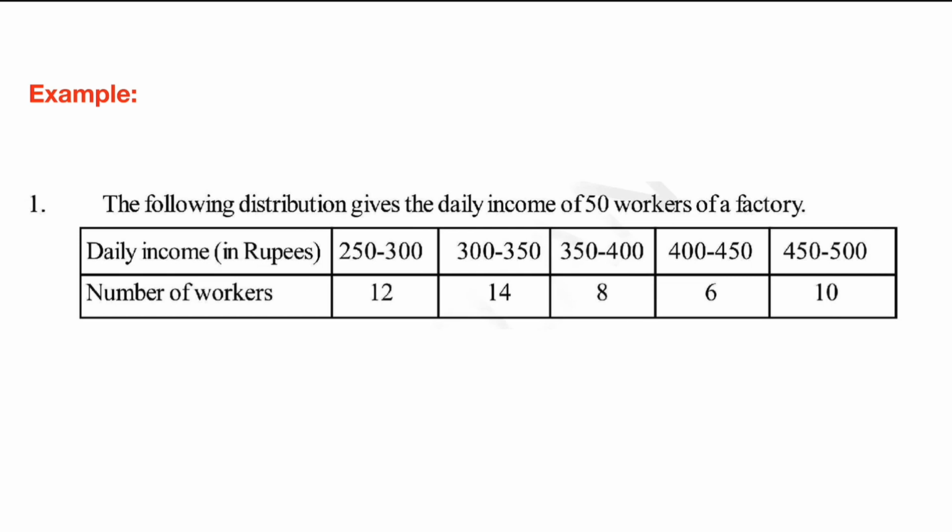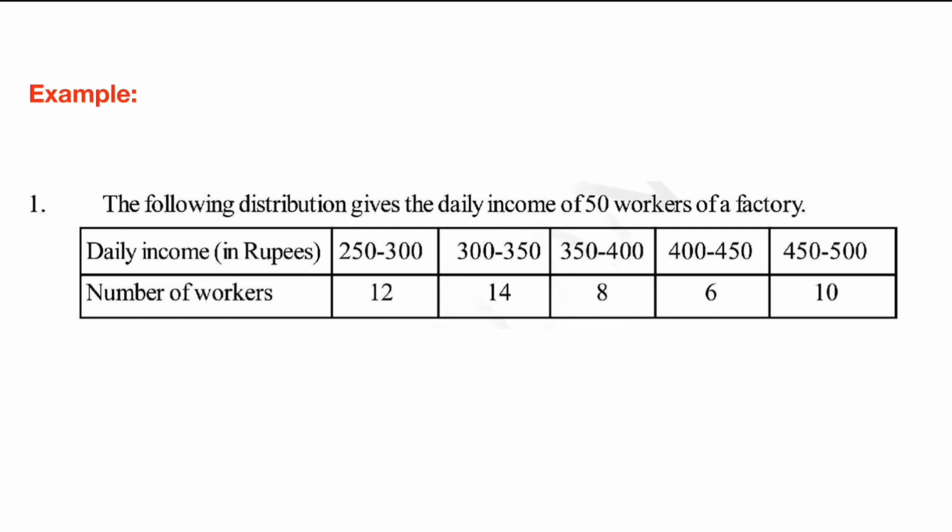Daily income in rupees, number of workers: 250 to 300, 12; 300 to 350, 14; 350 to 400, 8; 400 to 450, 6; 450 to 500, 10. Here the given data is a grouped frequency distribution.